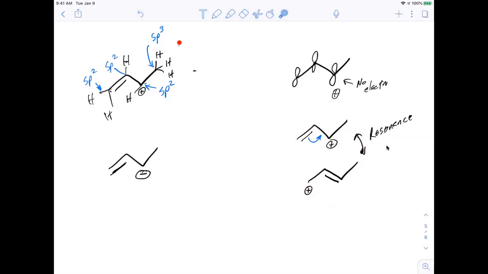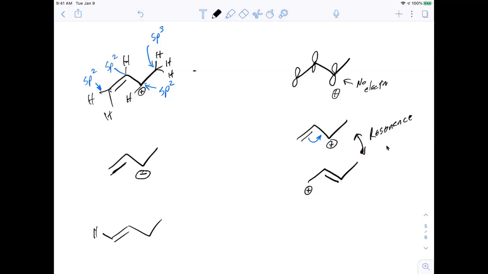Don't be afraid to back up and do exactly what I did over here. And the more you do this, the faster it'll get you to this and answering those problems really quickly. So don't worry about backing up. When you see it in the book, it looks kind of magic. Back up, draw all of your hydrogens, draw all your hybridization. Okay, so let's do that same thing with our second one.